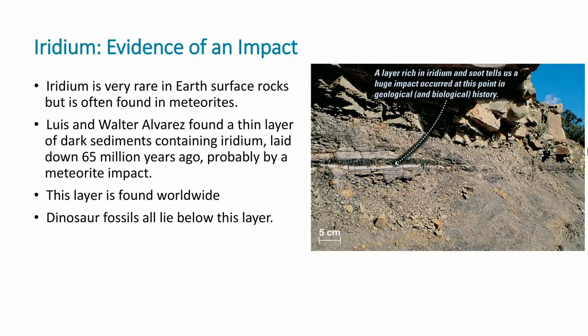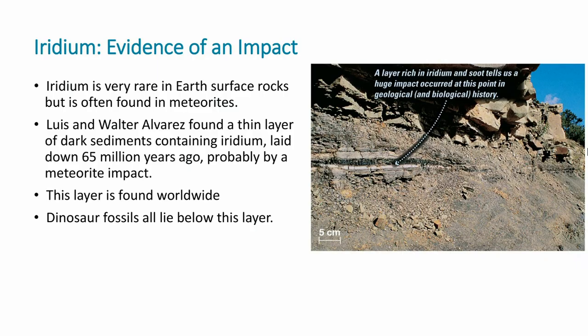So iridium is a material that's very rare to find on the surface of the Earth, but these two geologists found a thin layer of iridium basically all around the Earth that coincided with the time period of 65 million years ago. So iridium is rare to find on the Earth, but it's fairly common to find it in asteroids.